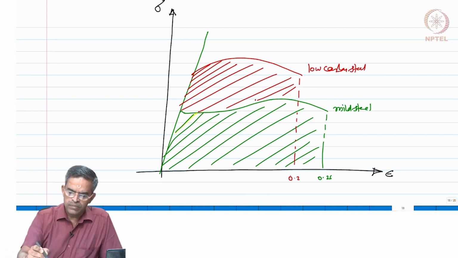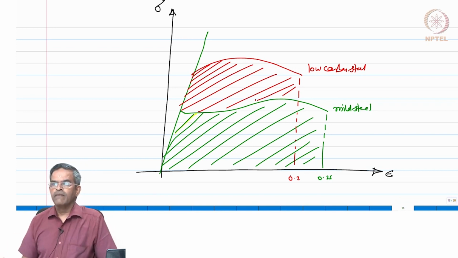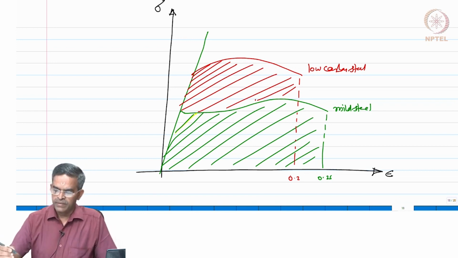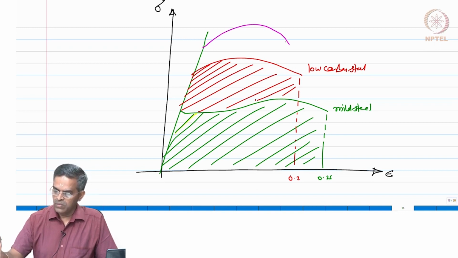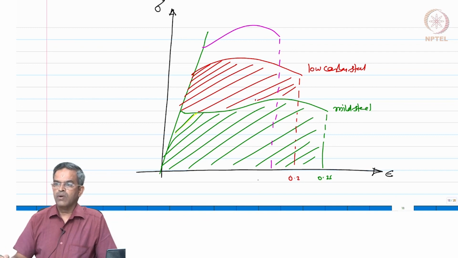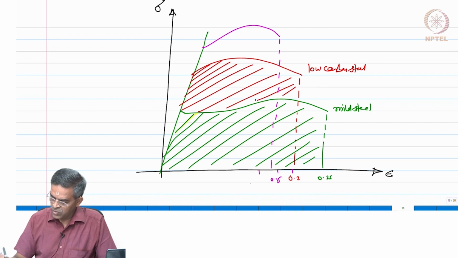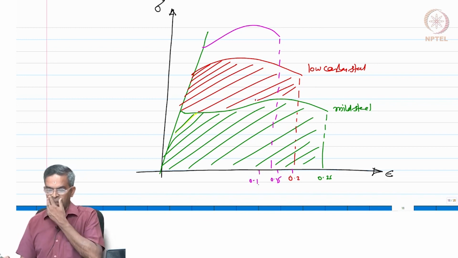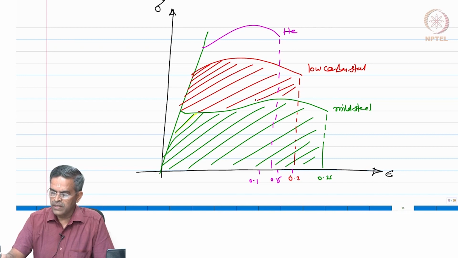When you talk about special grade of steel which is heat treated, this is furthermore, but stops at about, this is 0.15, this is 0.2, this is 0.1.